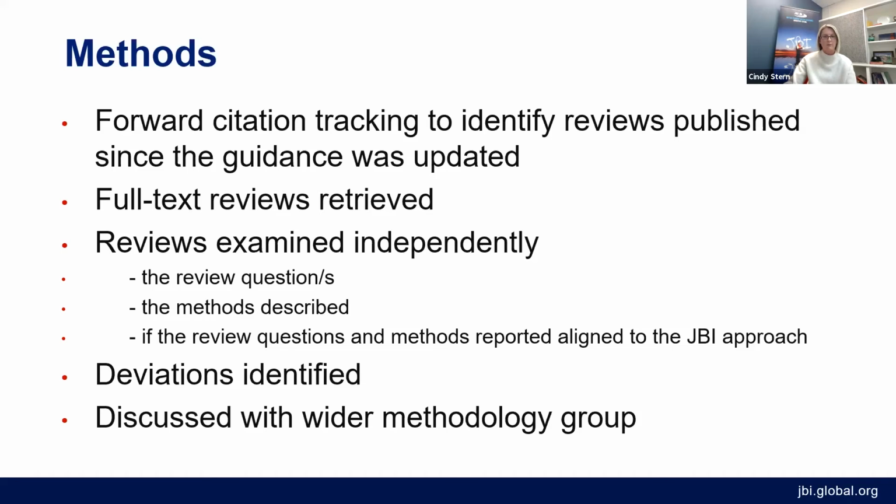Then we had two members of the group independently review each of the reviews in full to examine and extract information regarding the review questions, the methods described, if the review questions and the methods reported aligned to the JBI approach, and if not, where methods deviated from our approach. We held a meeting to compare the results of the two reviewers, and that actually demonstrated 100% agreement. The deviations to the JBI guidance were then presented to the wider methodological group for further discussion and refinement. So I'll just hand over to Lucy now.